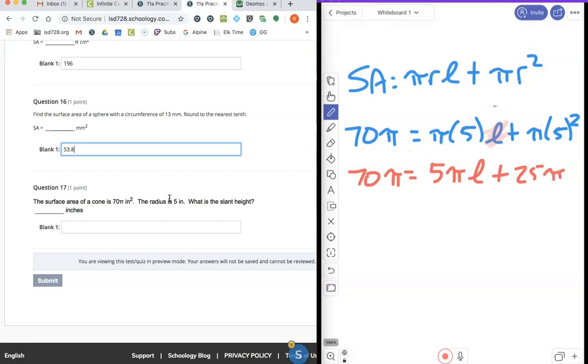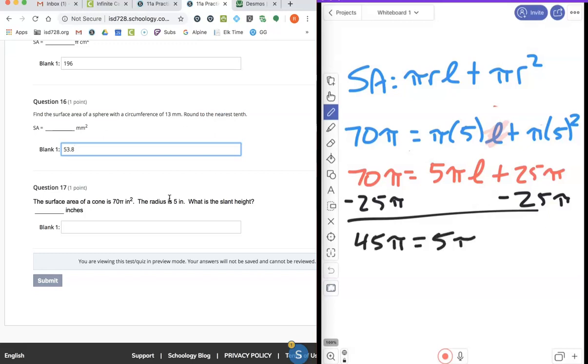So what I can do is subtract 25 pi from either side, trying to get L all by itself. If you do that, you end up with 45 pi on this side, equal to 5 pi L. These canceled out. We're on our last step.